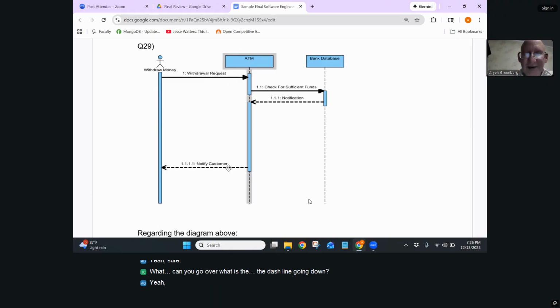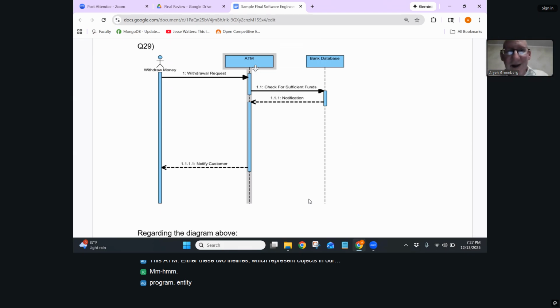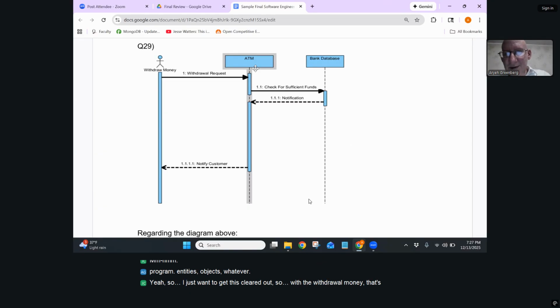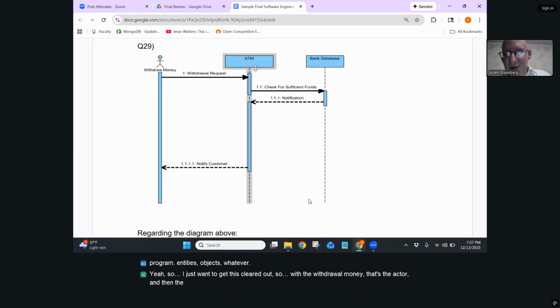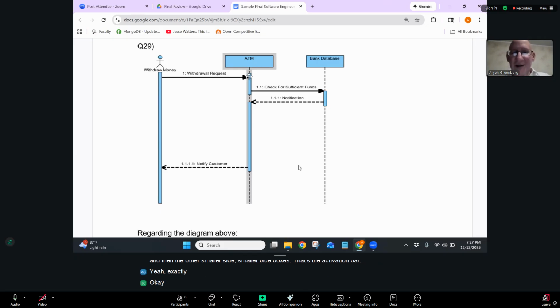Yeah, that's the return. Oh, going down. This is the lifeline. This is ATM. There's two lifelines which represent objects in our program. Entities, objects, whatever. Yeah, exactly.